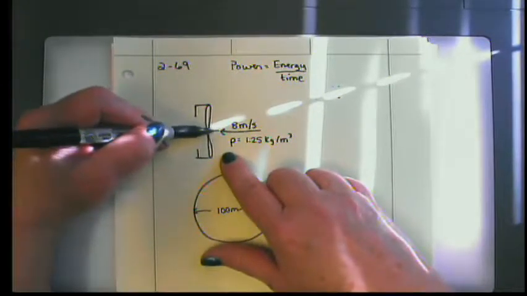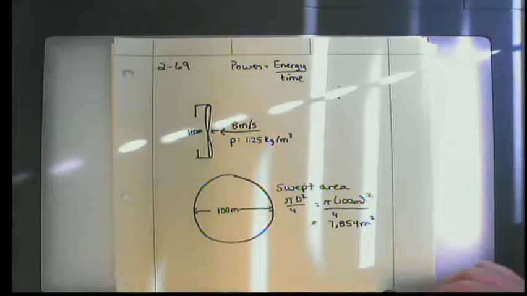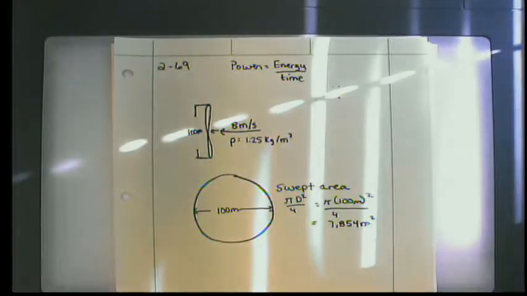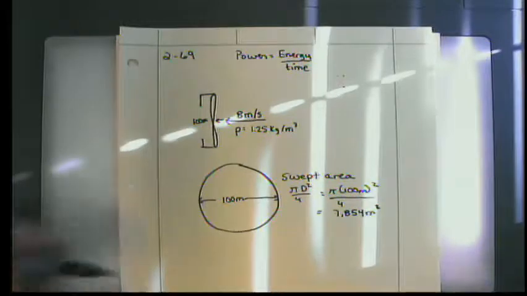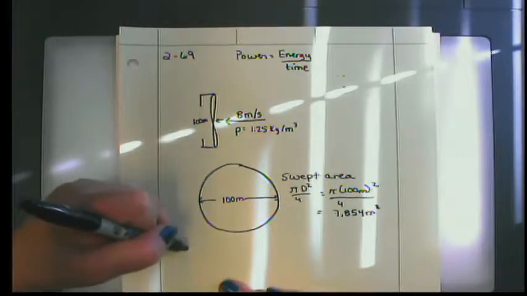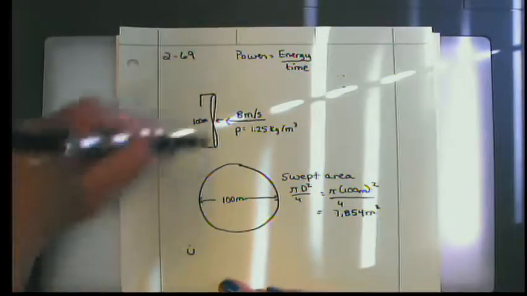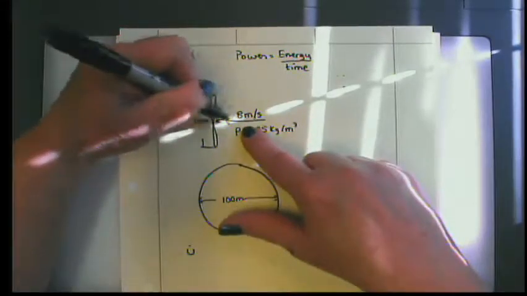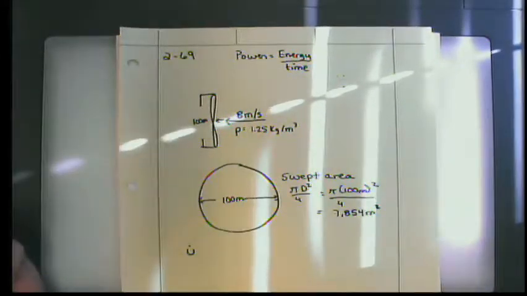All right, so what's happening is we have a volume of air blowing through the wind turbine over a period of time. So the volumetric flow rate, because this is normal, right? The wind is perpendicular to the blades.